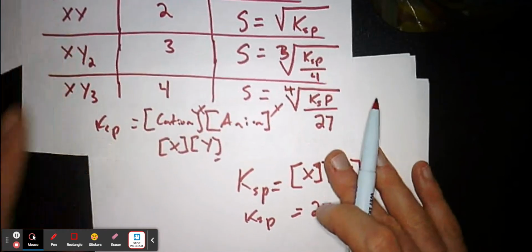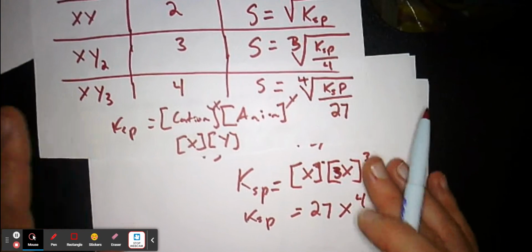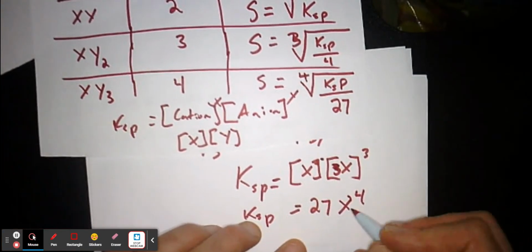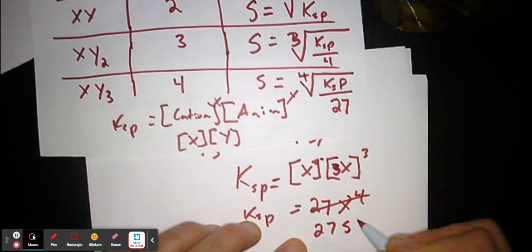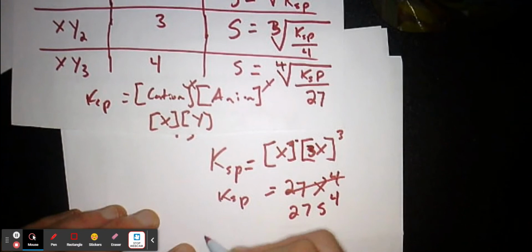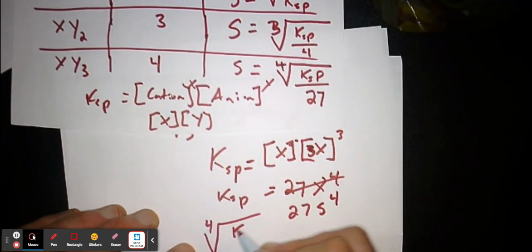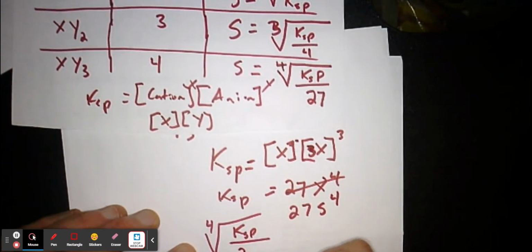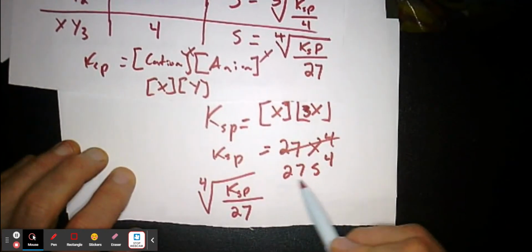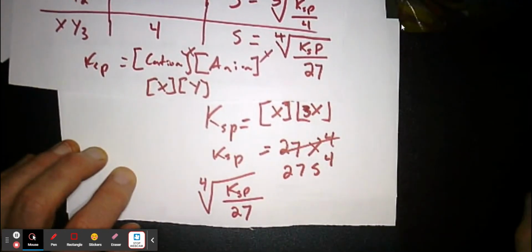But the typical symbol I've seen with molar solubility is a capital S. So I'm going to rewrite this as 27 S to the fourth power. Then I divide both sides by 27 and take the fourth root of that.